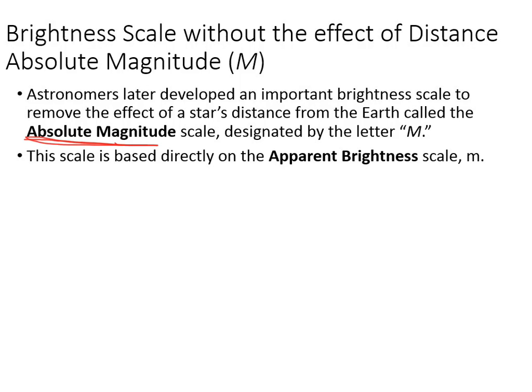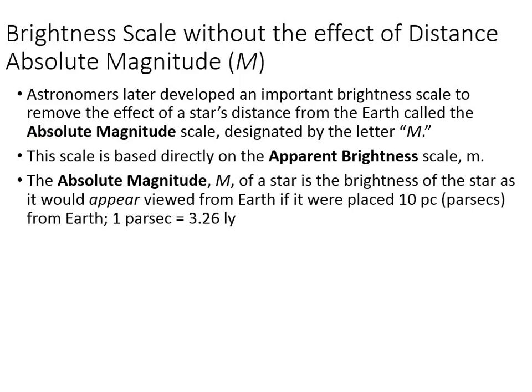I'm going to try to describe this to you. You can almost consider visiting that star, but not going to the star: you go 10 parsecs away. Doesn't that sound like a Star Trek term? So you go 10 parsecs from the star, which is about 32 light years, because 1 parsec is 3.26 light years.